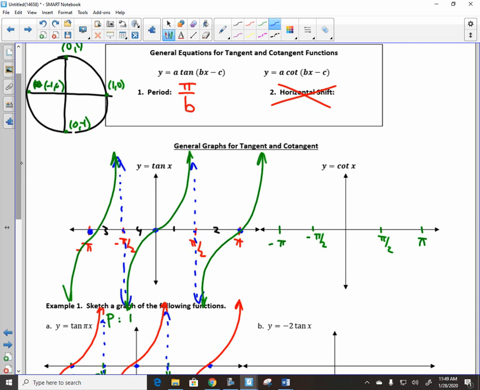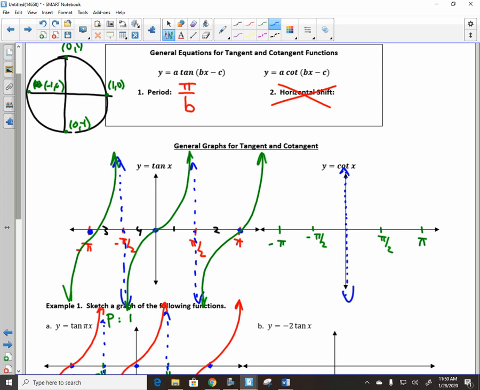But now let's discover how the graph takes shape here. We're going to do x divided by y. So if you do x divided by y at 0, what do you get? Undefined. So therefore, it's not equal to 0 at this spot, but rather it's undefined. Vertical asymptote. So instead of starting with a 0, it starts out with a vertical asymptote. Then I move over to pi over 2.